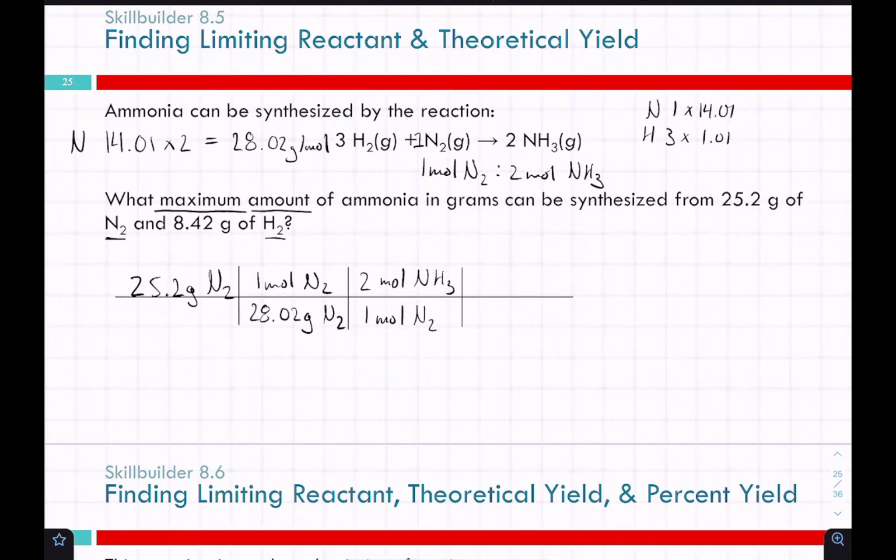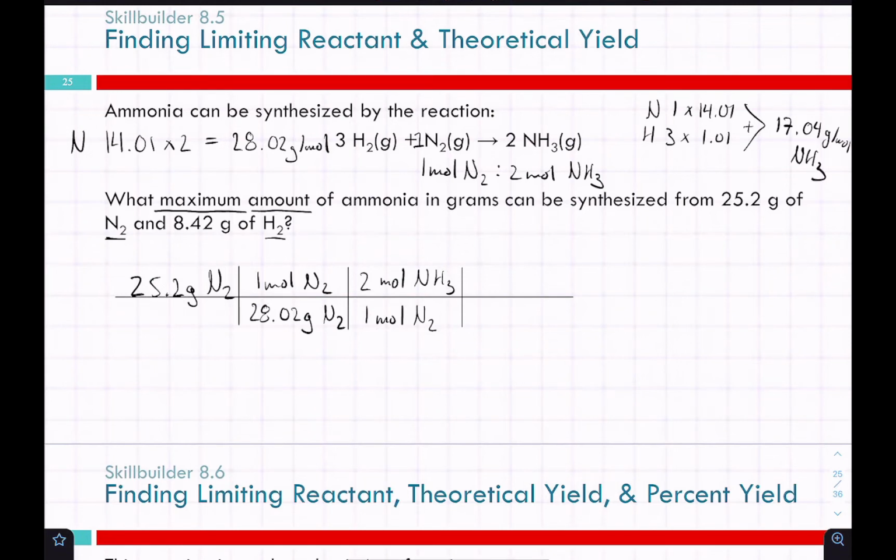I guess I could do this. So 17.04 grams per mole NH3.